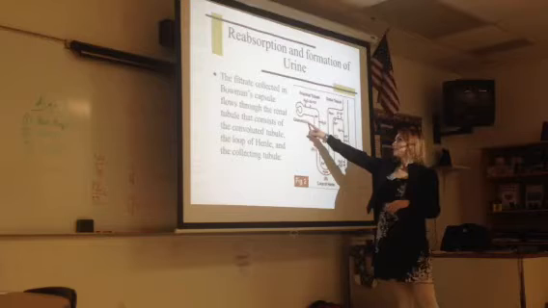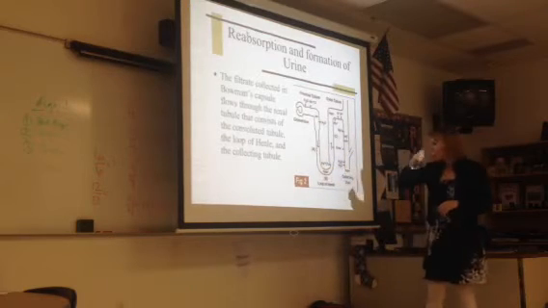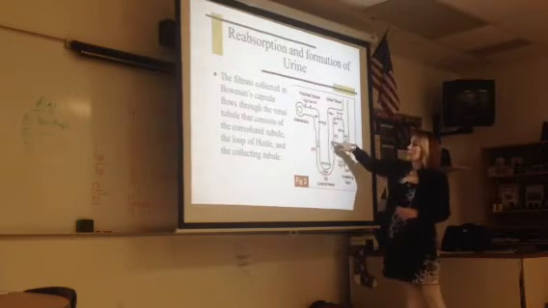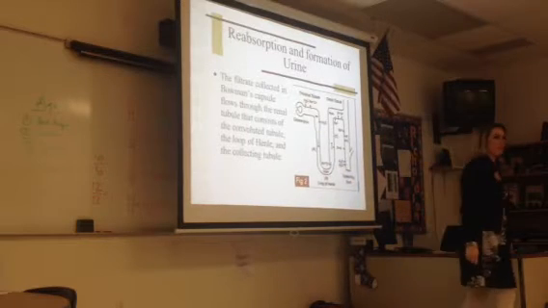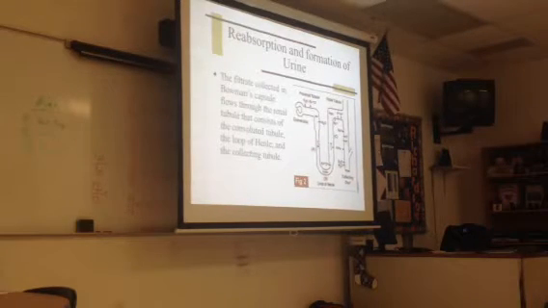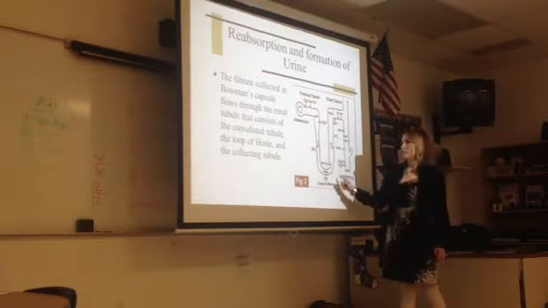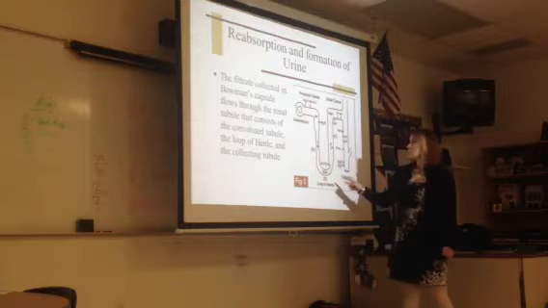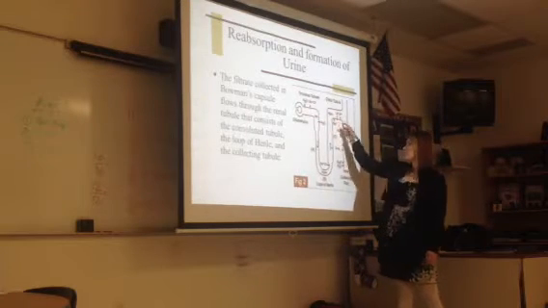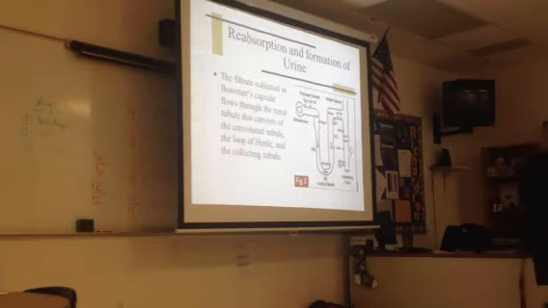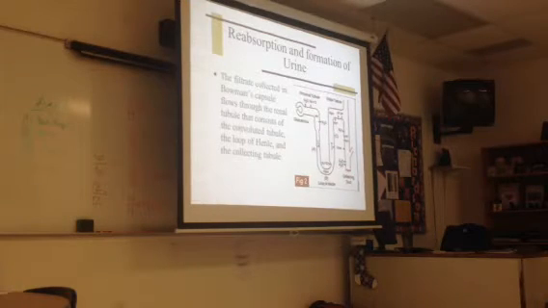Glomerulus, that's this. Loop of Henle, down here. This is all part of a nephron. These are just the parts of the nephron. Collecting duct or tube is down here. Loop of Henle, convoluted tube up here, even though it's not labeled.